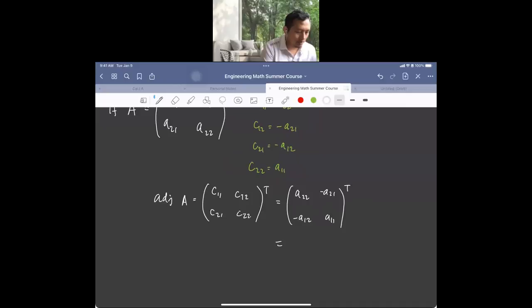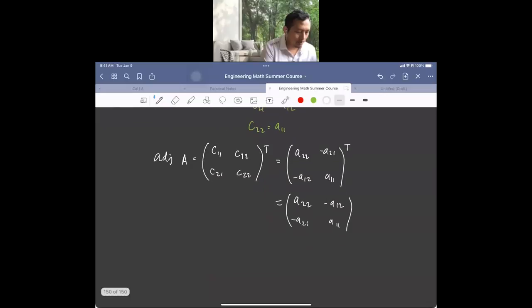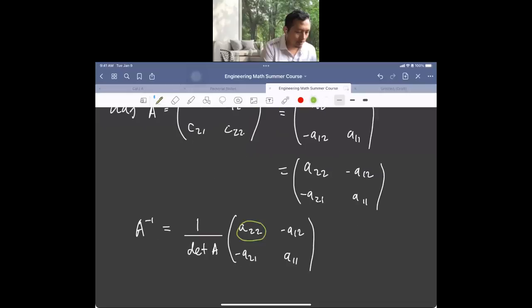Transpose, so A22, negative A21, negative A12, A11. So A inverse, the inverse of matrix A, is 1 over determinant A multiplied with this. Since it's 2 by 2, I think it's still okay.